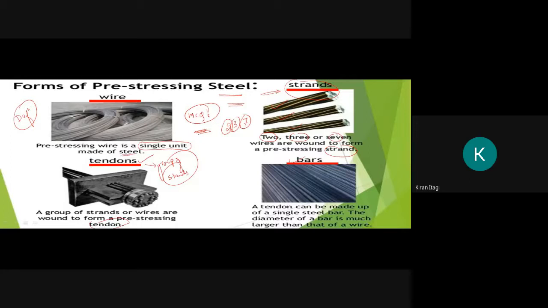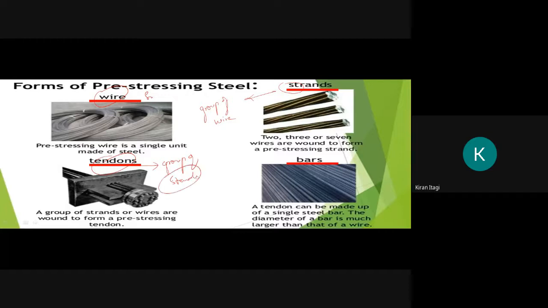A bar can be made up of a single steel bar, and the diameter of a bar is much larger than that of the wires. Most important one, don't forget this. Wire is a single unit. Strands are a group of wires. Tendons are a group of strands, and a bar is again a single unit.